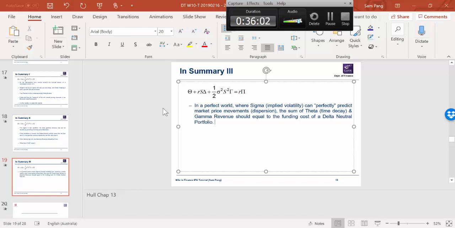Now, I don't ask you to remember, but if you understand this statement, you understand a lot about option pricing and option trading.